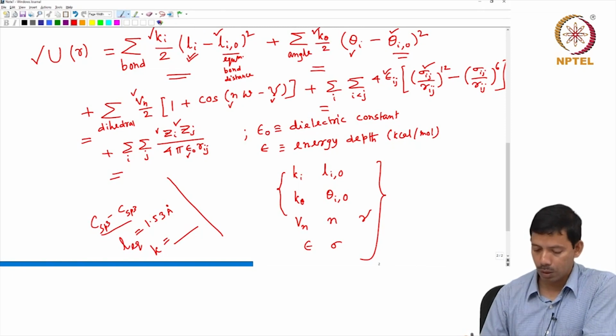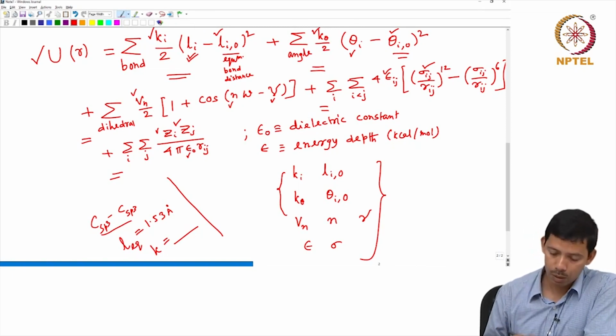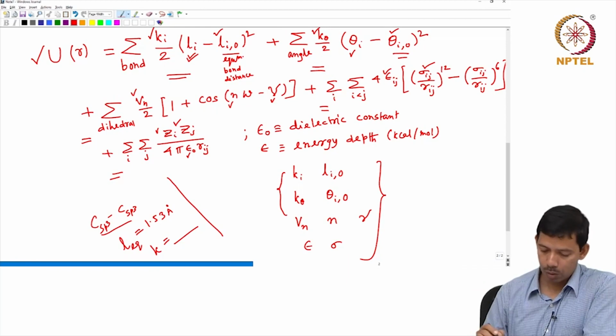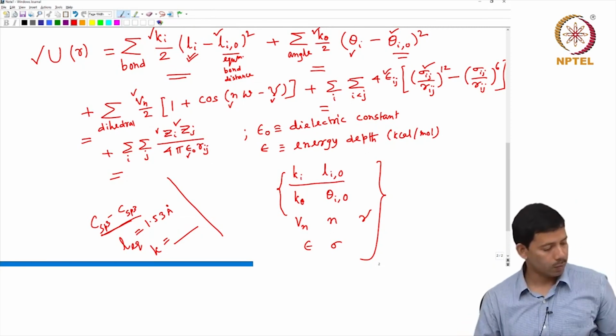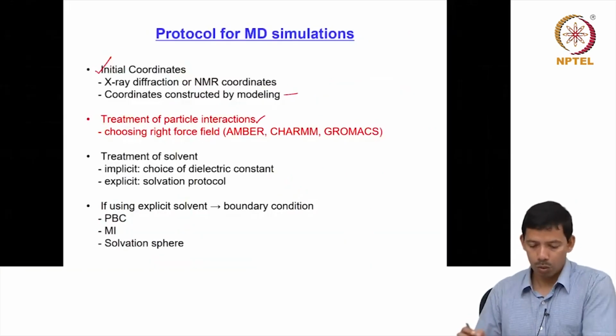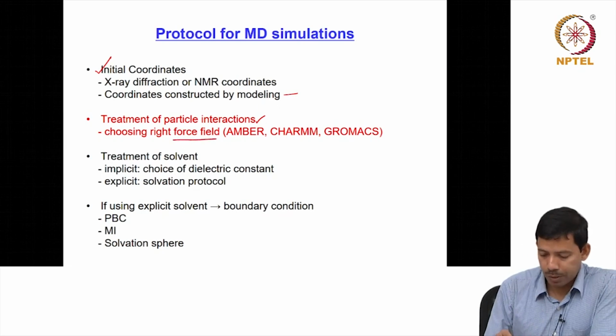Instead of asking me to input the value, my algorithm, as soon as it finds a carbon-carbon sp3 bond, will get this value from the library, and that library is called the force field.